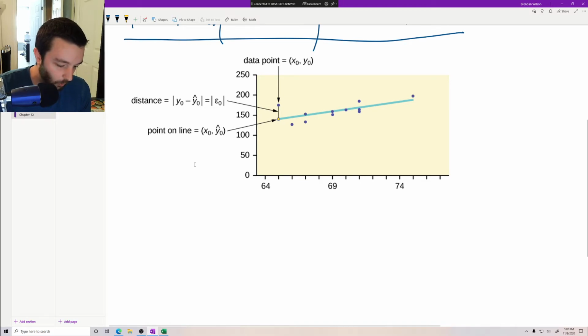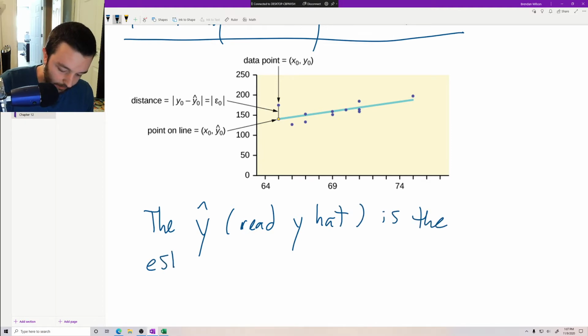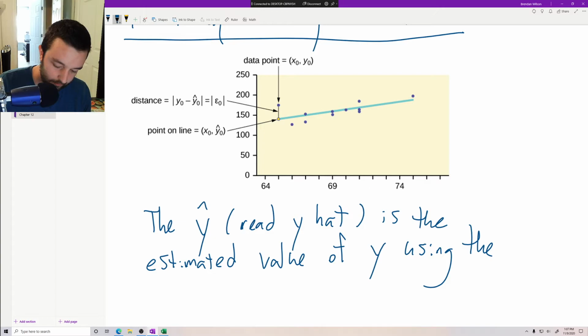The y hat, read y hat, is the estimated value of y using the regression line. Okay. So in statistics, we always use hat to represent an estimate.